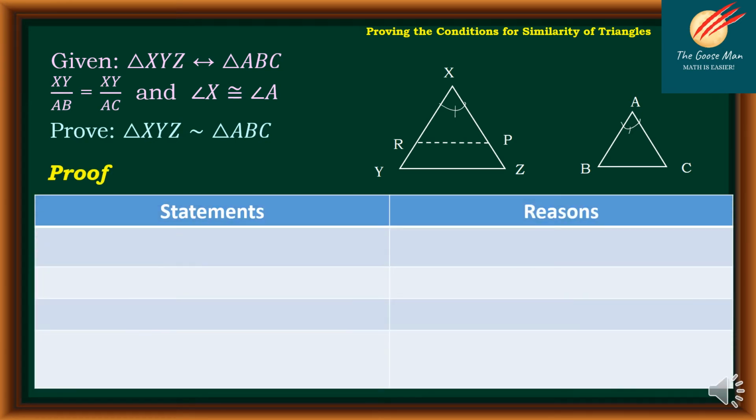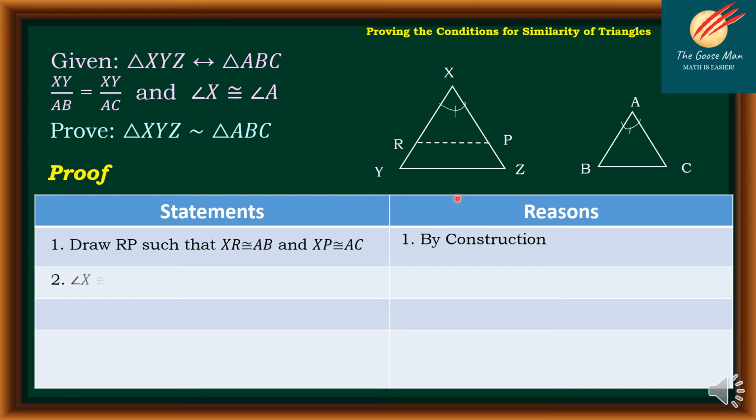For statement number 1, we draw RP such that XR is congruent to AB and XP is congruent to AC. And the reason is by construction. So again, we draw here a line segment RP. Number 2, we have angle X is congruent to angle A because that is given.